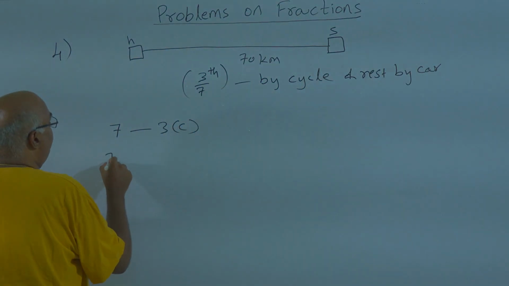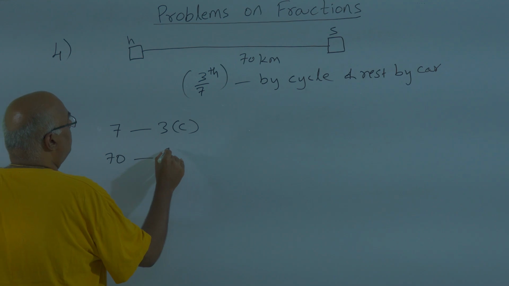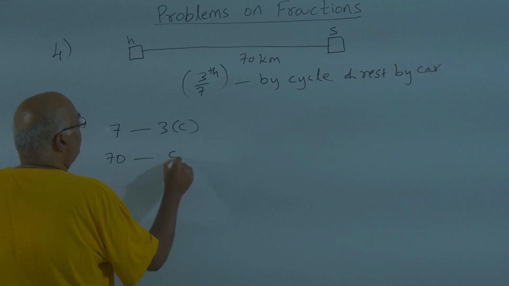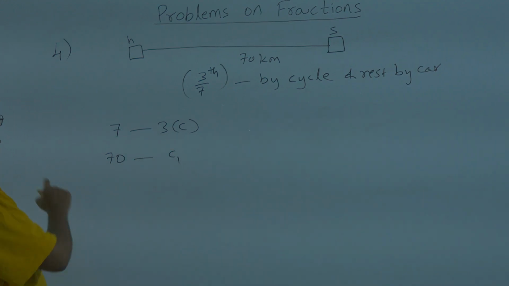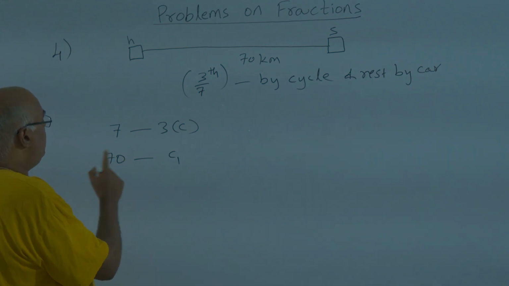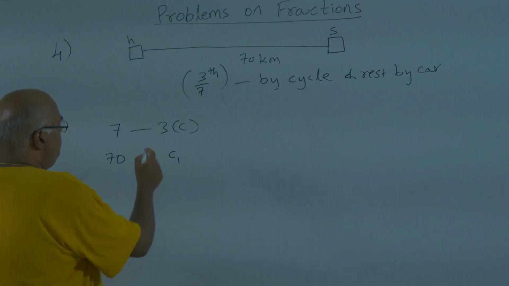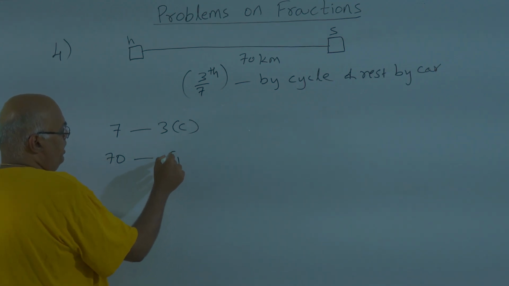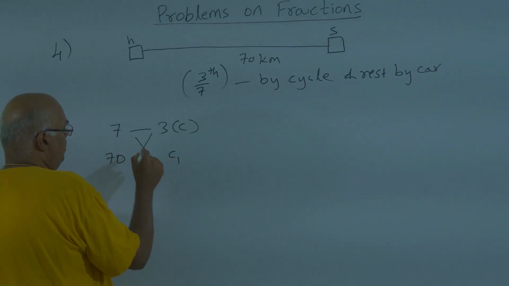So out of 70, how much? I will take it as C1. So out of 7 kilometers he is covering 3 kilometers by cycle. So out of 70 kilometers, how many kilometers will he cover? Let us take that unknown quantity as C1. Now cross multiply.